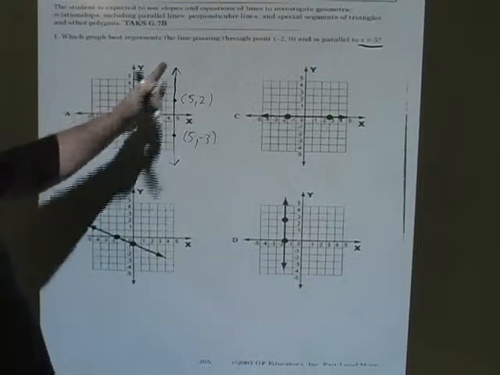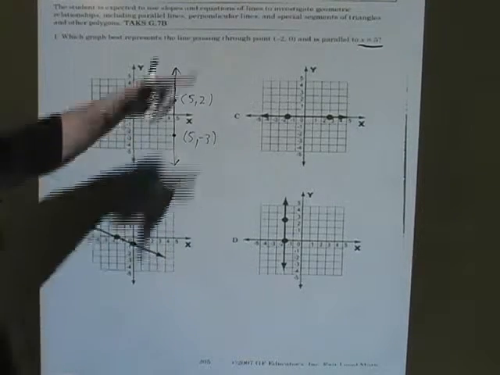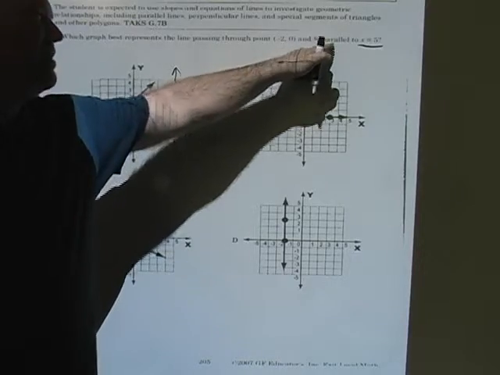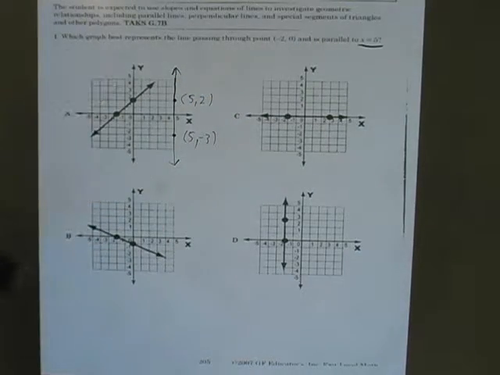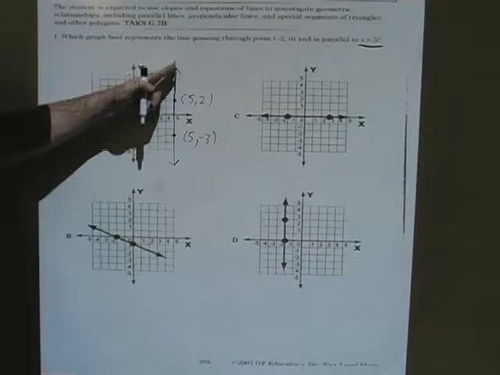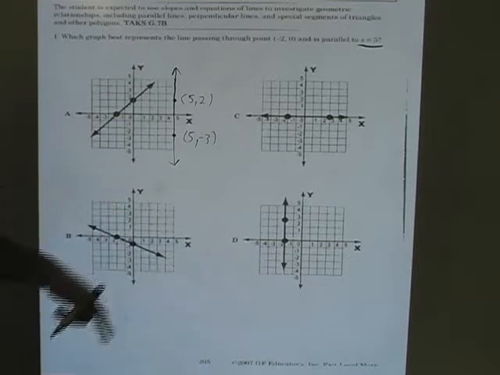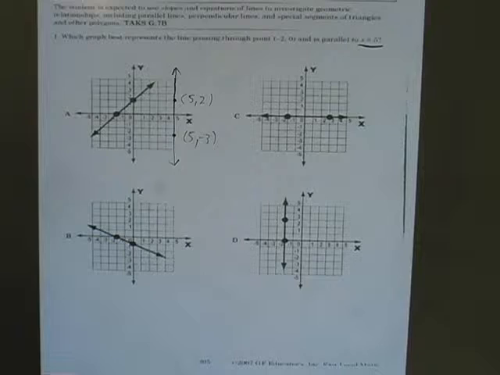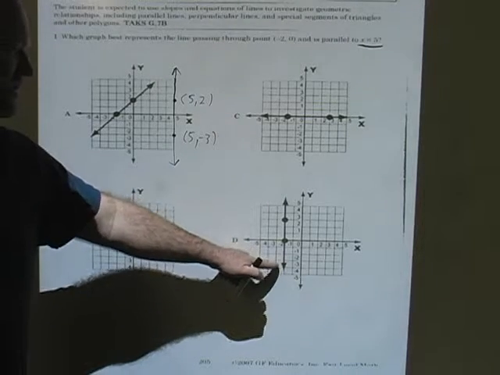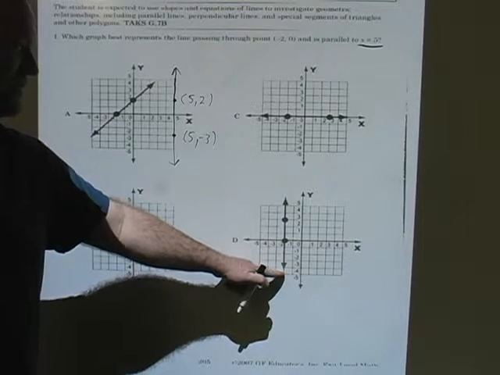So here's the line, x equals 5. We need to find a line that's parallel to this that goes through point (-2, 0). Well, it's pretty easy to find a line that's parallel to this, because this is a vertical line. A line that's parallel to it is also going to be a vertical line. So this is going to be the answer.